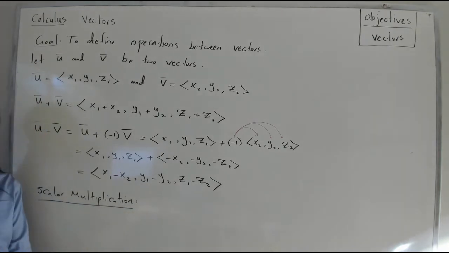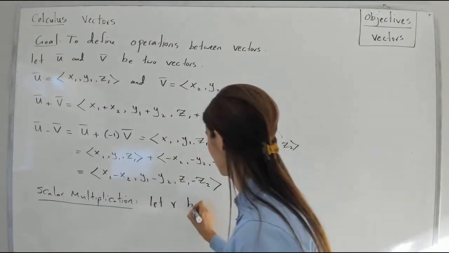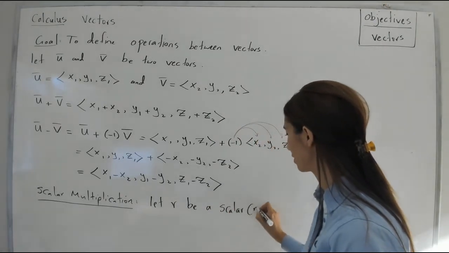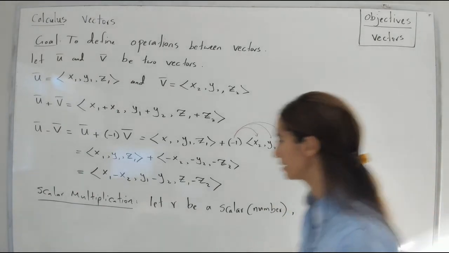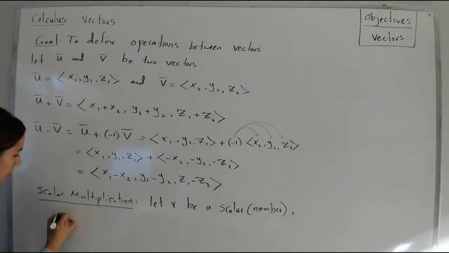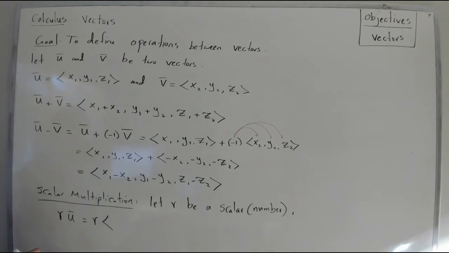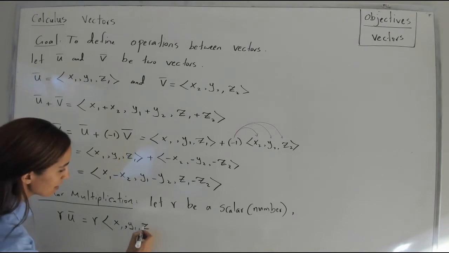So suppose R is just a number, a scalar, which is nothing but a number, then we can define R times u, which is R times vector u, x1, y1, and z1.